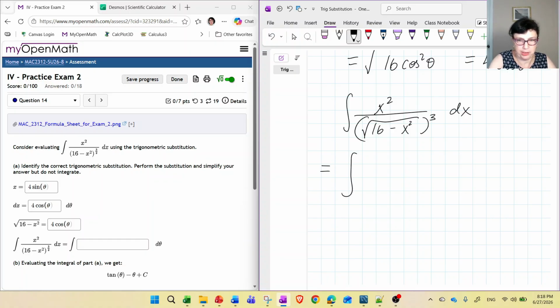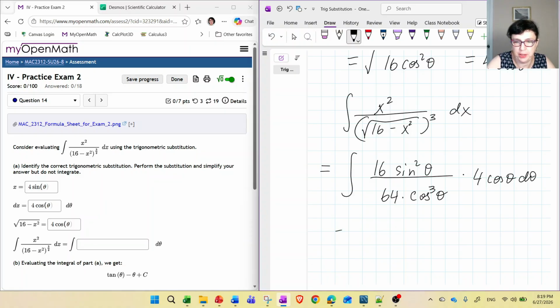Okay, first x is squared, so 16 sine squared theta. Do not forget to square everything, 4 and sine. With the square root, we just transformed that to 4 cosine, but we are cubing that. So 4 is cubed, that's 64, and cosine is cubed. And then dx, remember, don't just drop it, dx is 4 cosine.